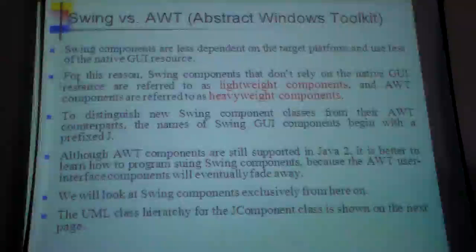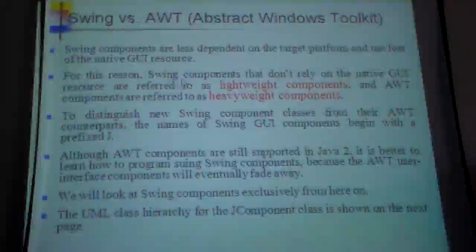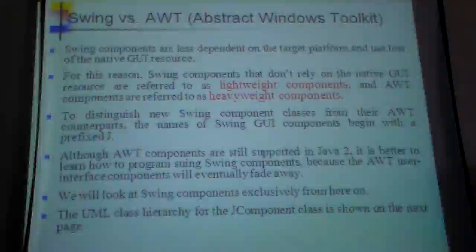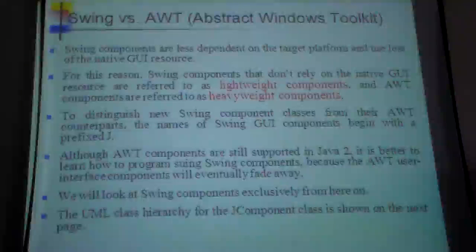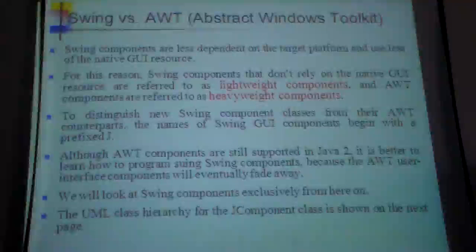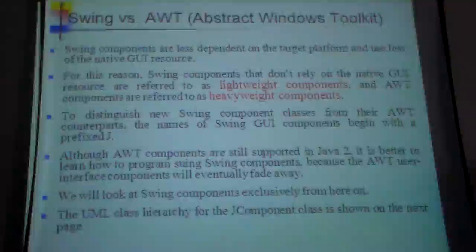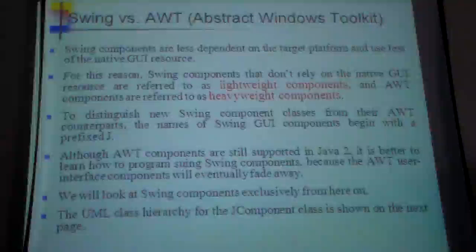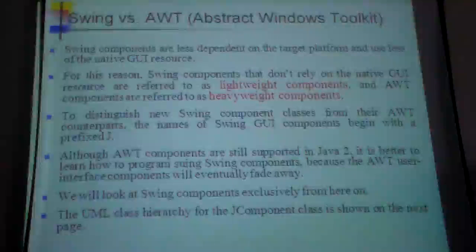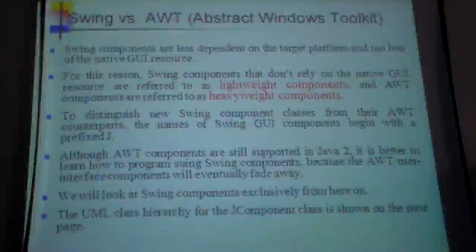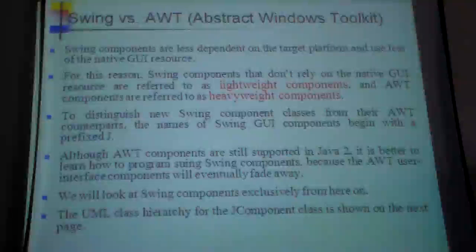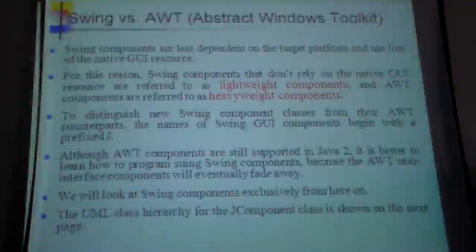For that reason, the third point: Swing components that don't rely on the native graphic user interface are referred to as lightweight components. If those components in Swing do not rely on the native graphic user interface, we call them lightweight components. If they rely on AWT or other native code, we call them heavyweight components.